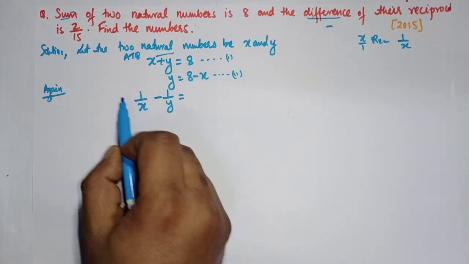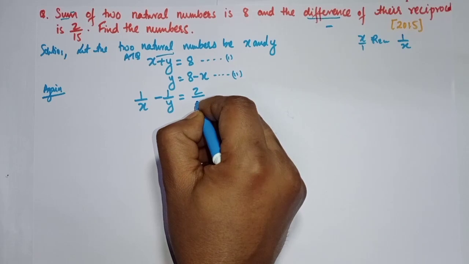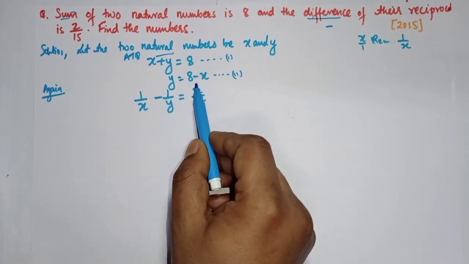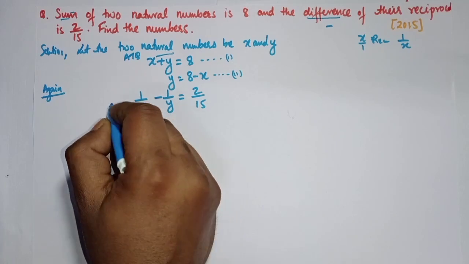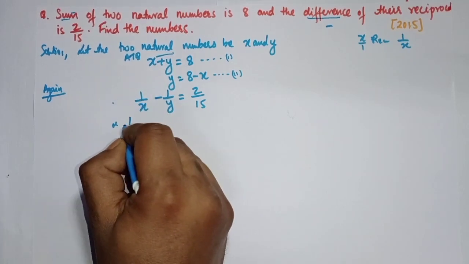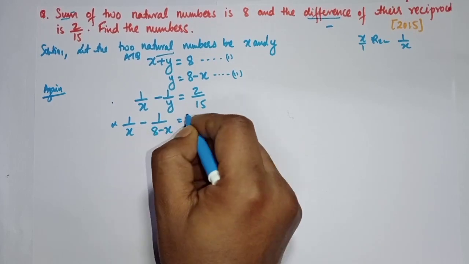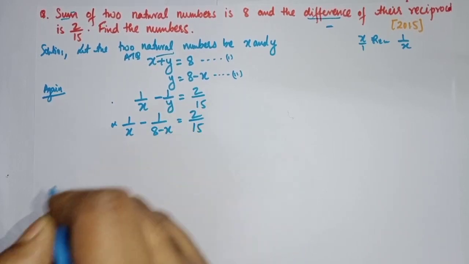The difference given is 2 by 15. Since it's a quadratic equation, it should not come in x and y, so this y has to be changed to 8 minus x. So this will be 1 by x minus 1 by 8 minus x equals 2 by 15.